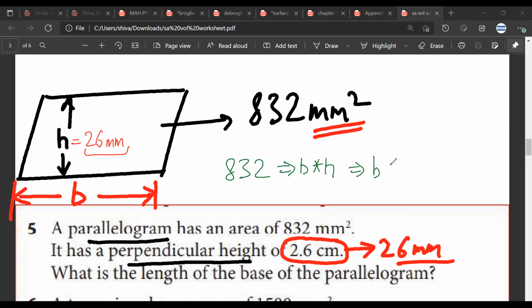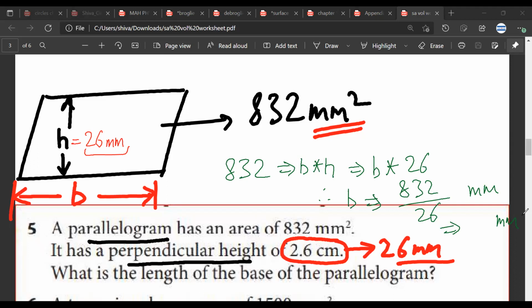Yes, sir. Base into height. Height is 26. Therefore, base is equal to 832 upon 26. And what will be the answer? Whatever be the answer, it will be in millimeter. Mr. Sarthak, do you agree? Yes, sir.